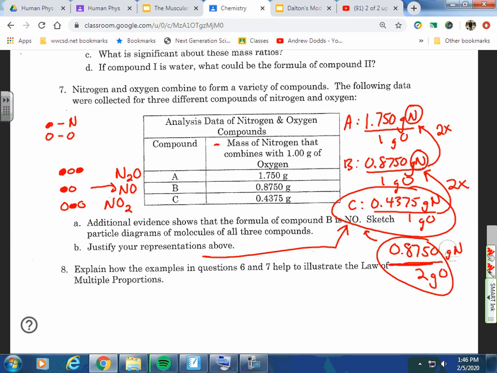So explain how the examples in question 6 and 7 help to illustrate the law of multiple proportions.